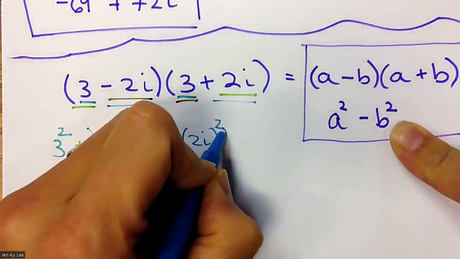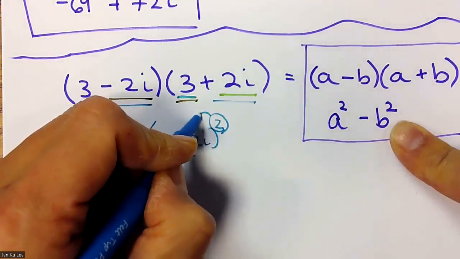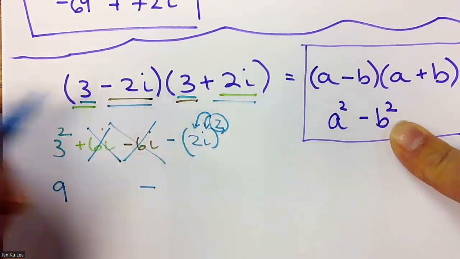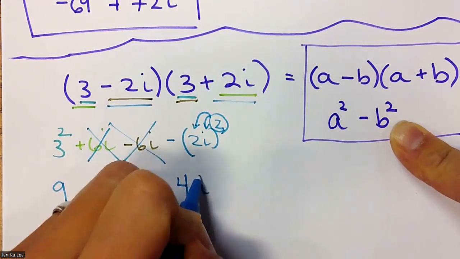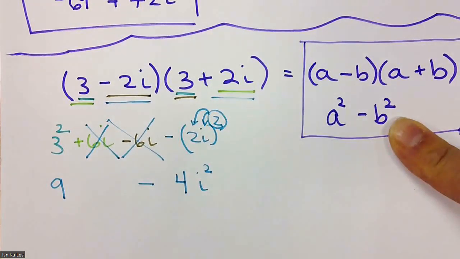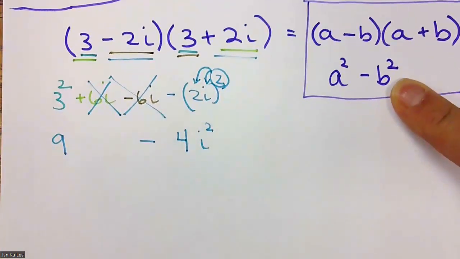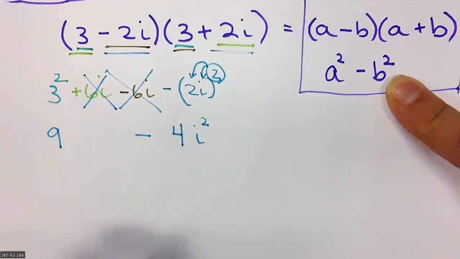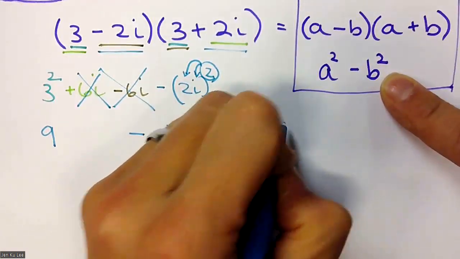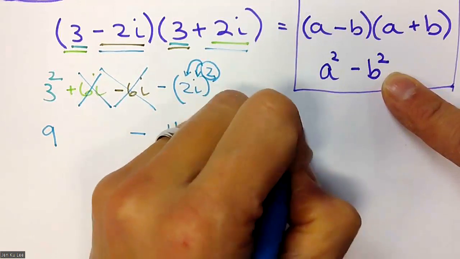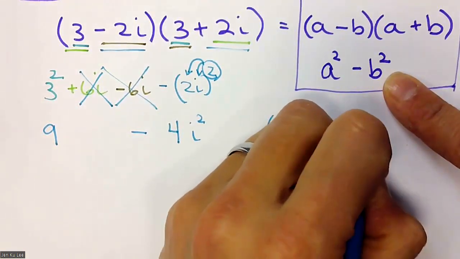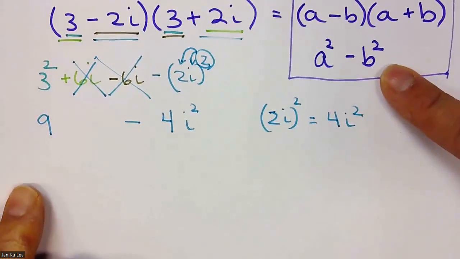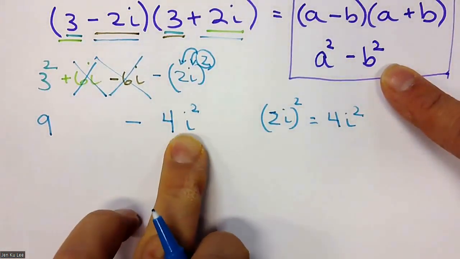Minus, this squared goes to both the 2 and the i. So it becomes 2 squared, which is 4, i squared. Okay? You guys see that? So I said negative 2i squared becomes 4i squared. Okay? And that's why I got this.